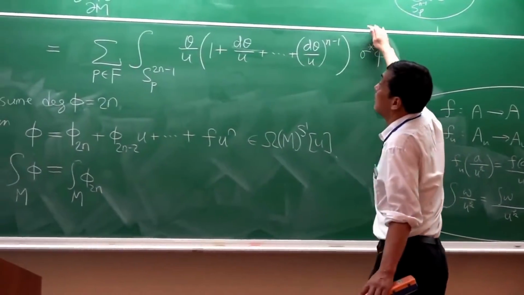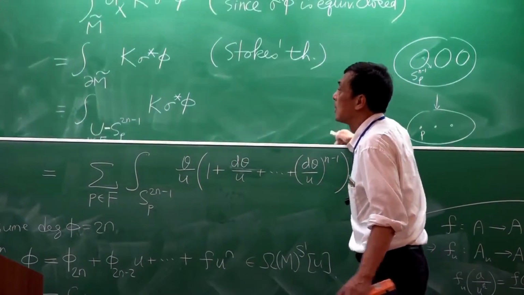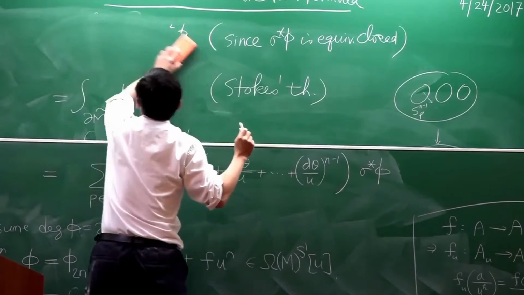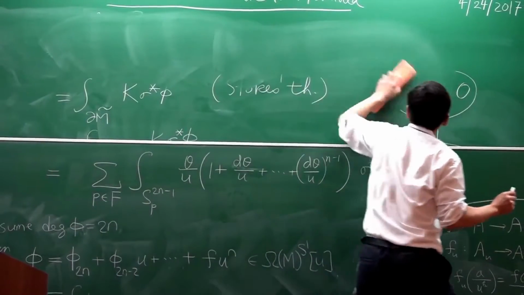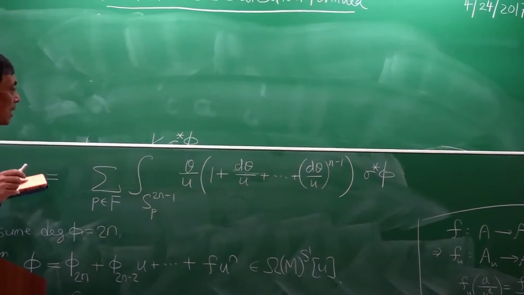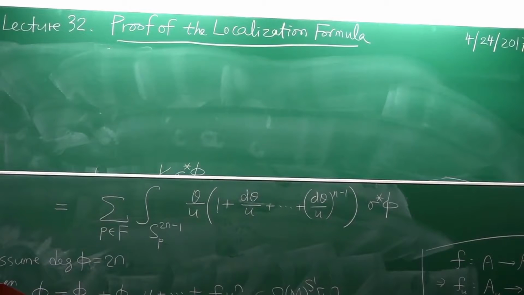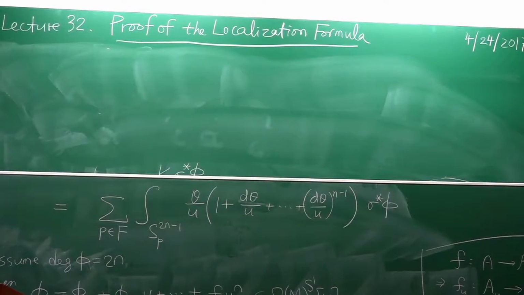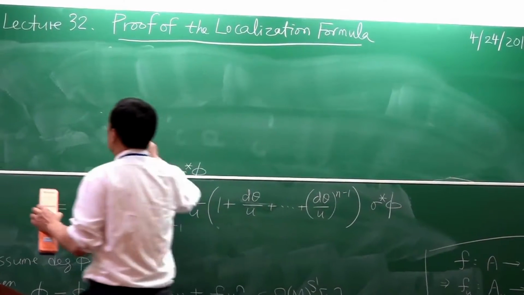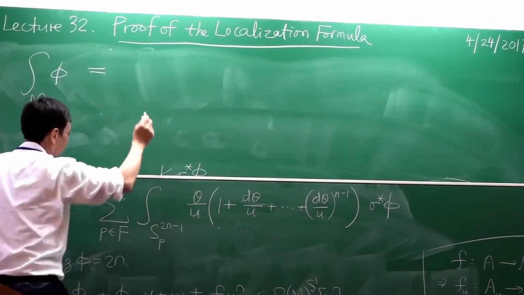Now, so let's go to this board. So we started with, I think I have erased it. This was the integral of phi over n. Okay.